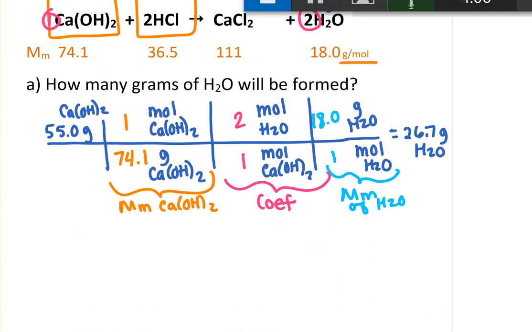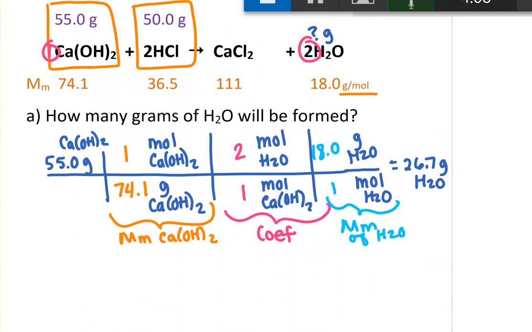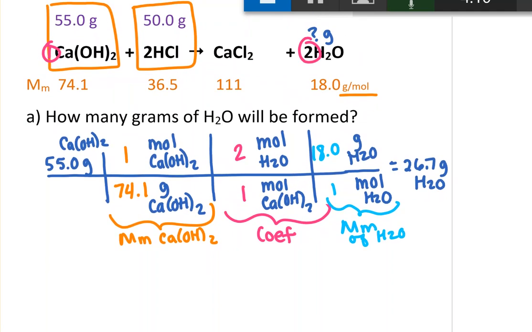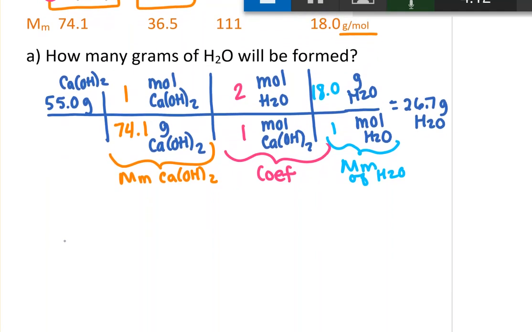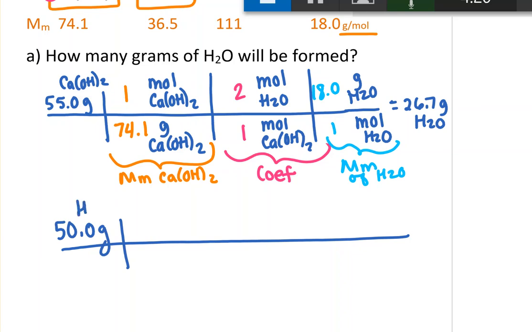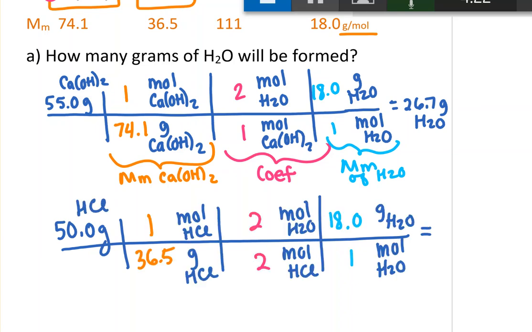So let's look at our other reactant. We're going to do the same exact thing, starting with 50 grams of hydrochloric acid. So those are the same steps, just starting with hydrochloric acid instead.